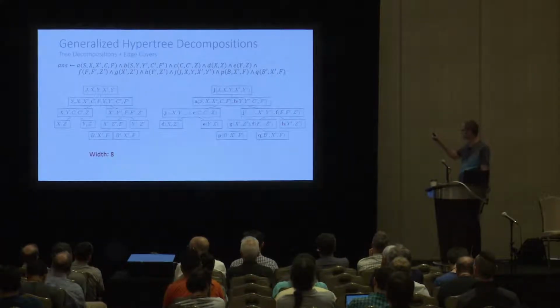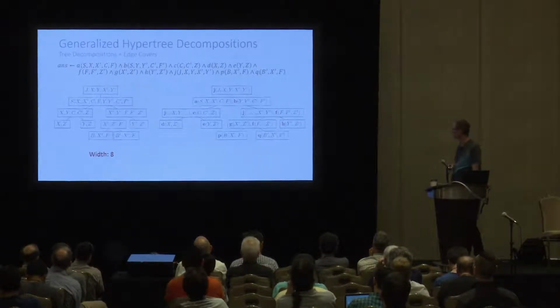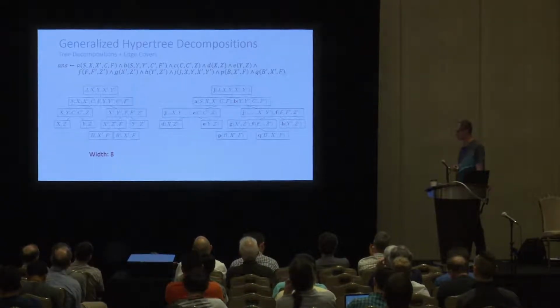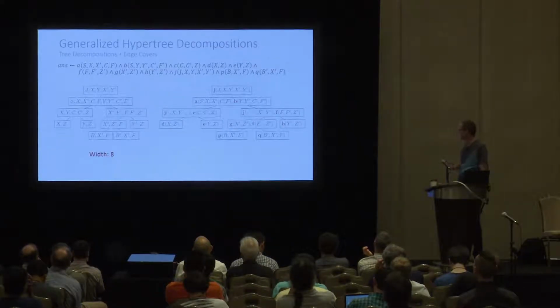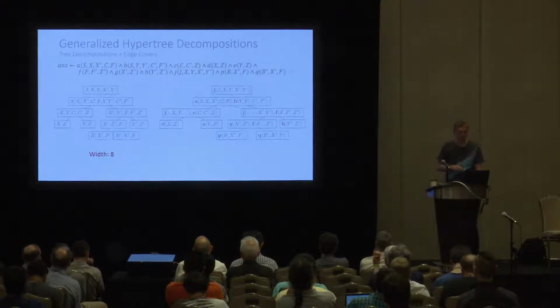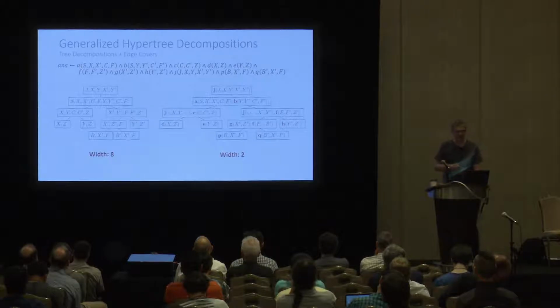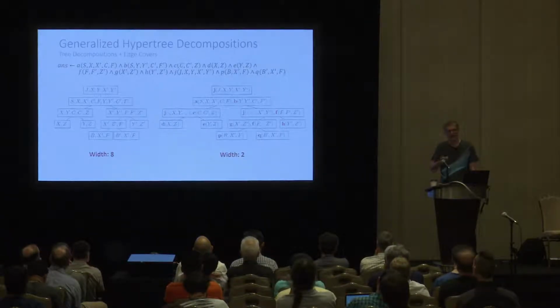If we look at the child node of the root node, we notice that we need 2 atoms, the A and the B atom, to cover all of the vertices, and so on. So we notice that edge covers of size at most 2 are needed to cover all of the bags, and so we say that this generalized hypertree decomposition has width 2. Again, the generalized hypertree width of a hypergraph is the minimum attainable.